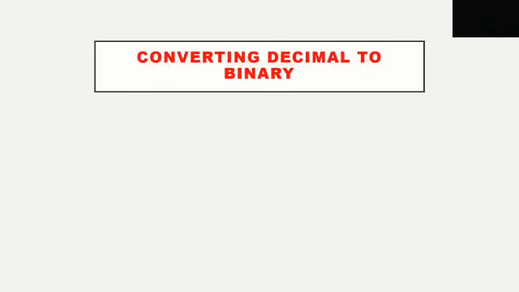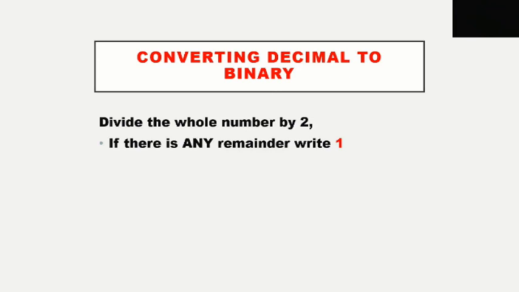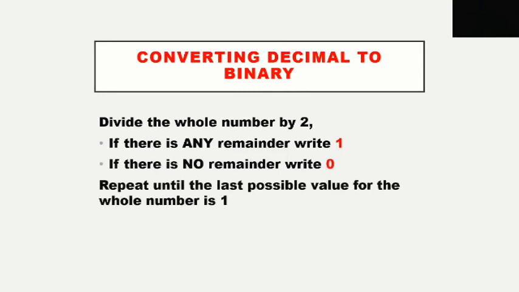Converting a decimal number to binary: we divide the whole number by 2. If there is a remainder, we write 1, and if there is no remainder, we write 0. Repeat dividing the whole number by 2 until the last possible value is 1.